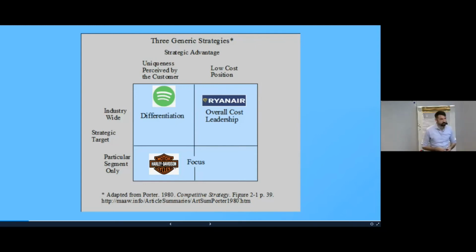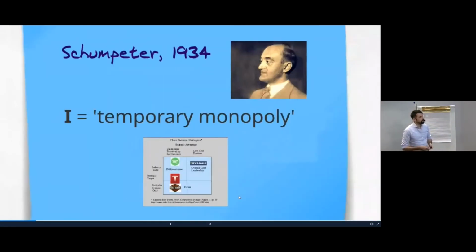And maybe Tesla is somewhere in between. They started out with a more premium product, but now they're trying to target a more general audience. So you can place yourself along this continuum, but remember, it's the temporary monopoly that's the core, the object of innovation in the first place.